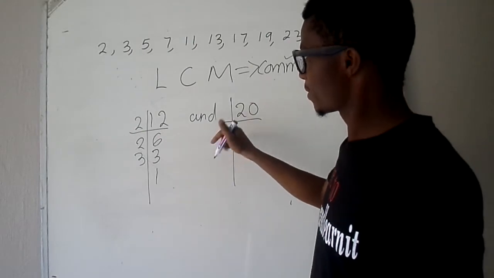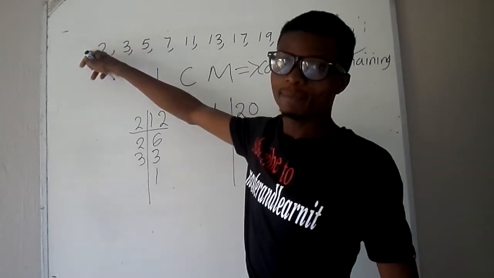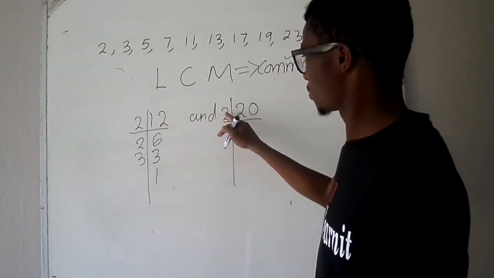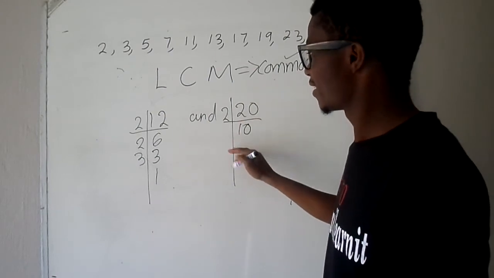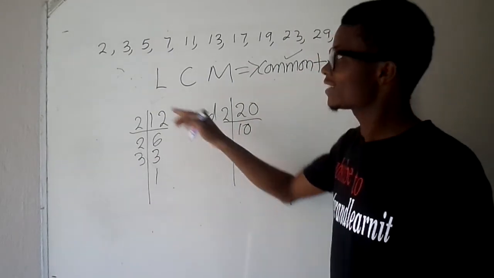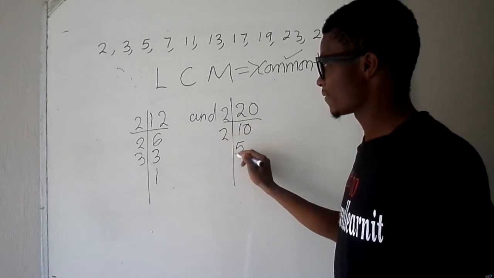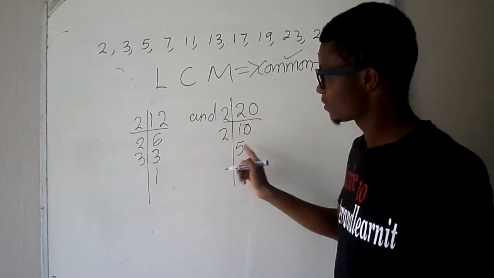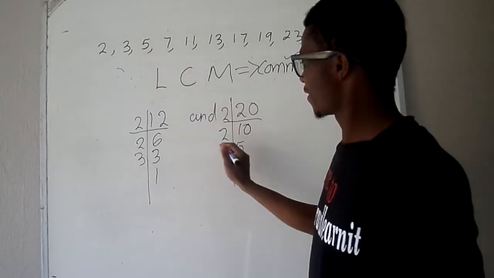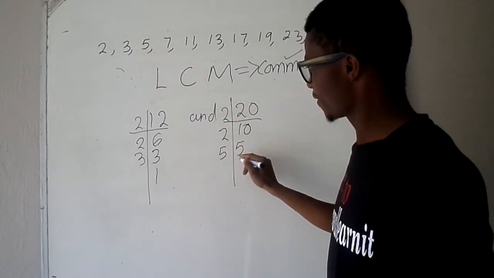Writing 20 as a product of its prime factors, I divide by the smallest prime number 2. 2 into 20, that's 10. The smallest prime number to divide 10 is still 2. 2 into 10, that's 5. The smallest prime number to divide 5 would be 5. 5 into 5, that's 1.